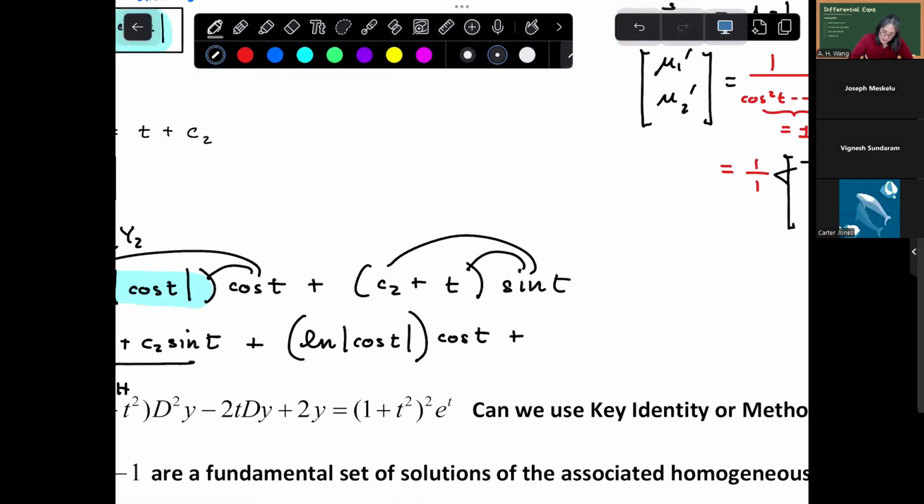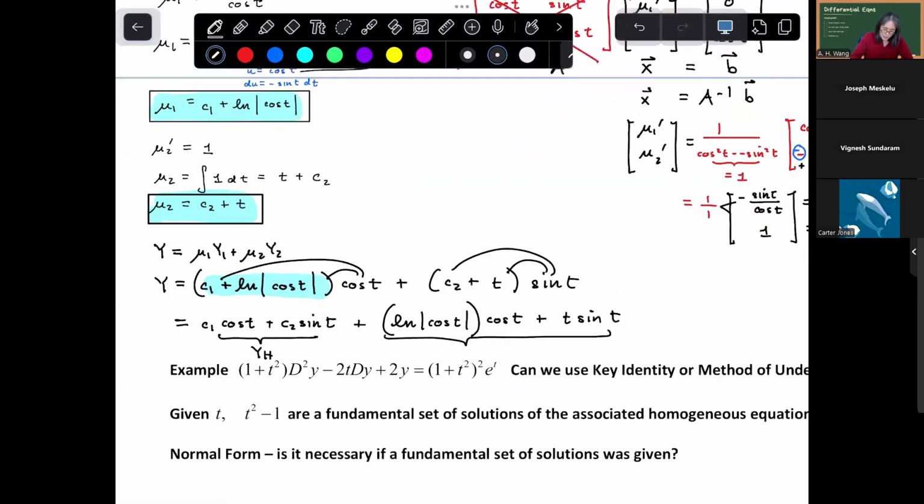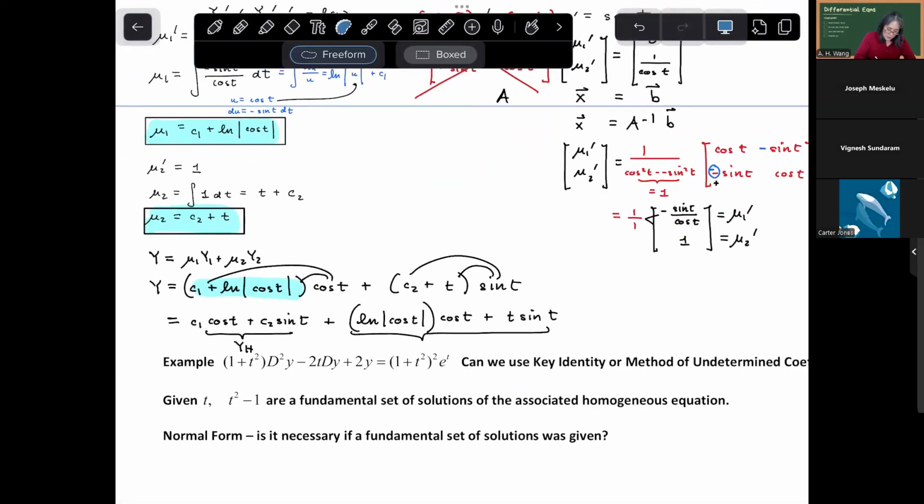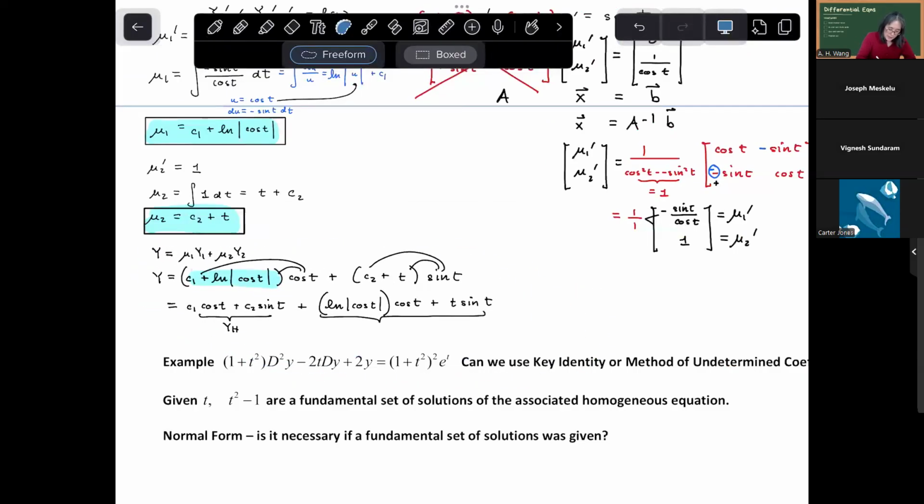And then this is going to be t sine t. And this is a particular. It's a particular when the C1, C2 are equal to 0. So in this way, you can see you'll always get the homogeneous from this portion again. This was the homogeneous, right?